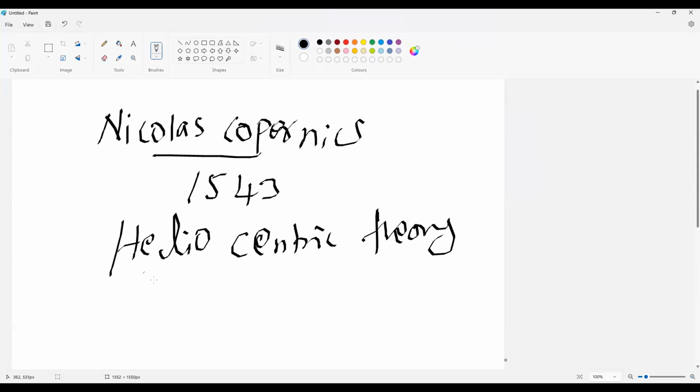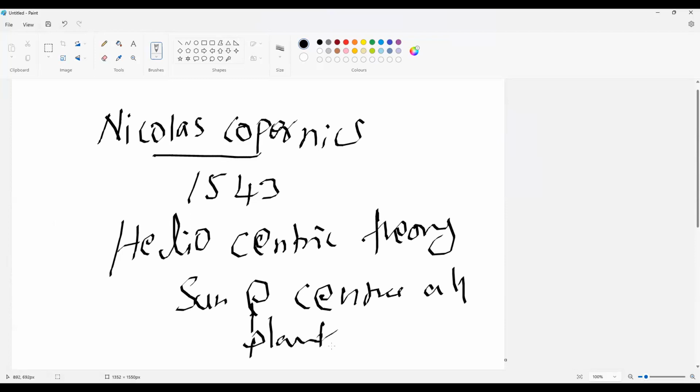What is this heliocentric theory? Sun at the center, all planets revolving around the Sun. What is this theory all about? The first one was what? Geocentric theory. Geocentric theory, heliocentric theory.